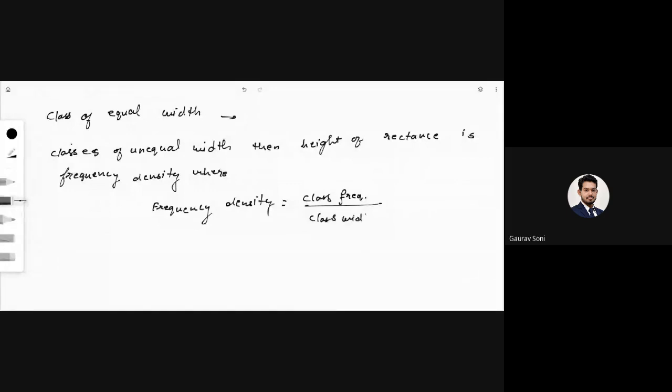So if your intervals are not of the same width, then we'll change the height of the rectangles according to their width, and this is the formula. So height will be considered as the frequency density, and the formula is class frequency upon class width. So that is all about the frequency distribution.